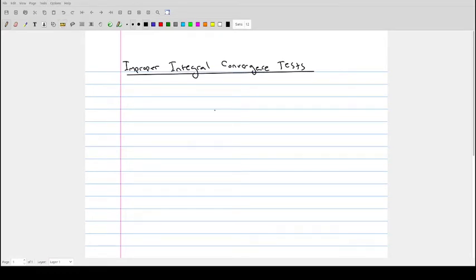There are two main ones that we're going to talk about in this lecture, which is the direct comparison test and the limit comparison test.